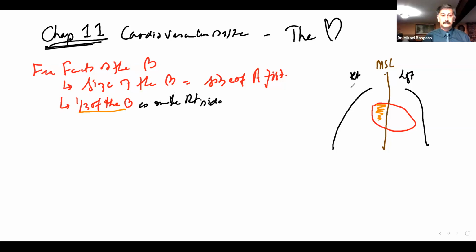Whereas this here, which is what we'll call the 2/3 of the heart, is going to be on the left side.